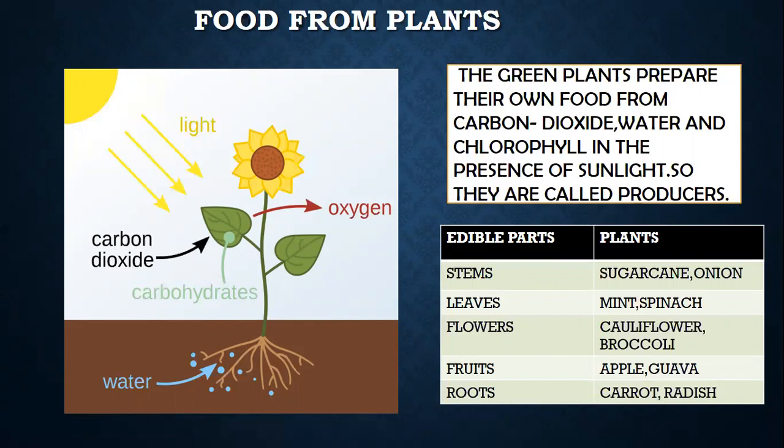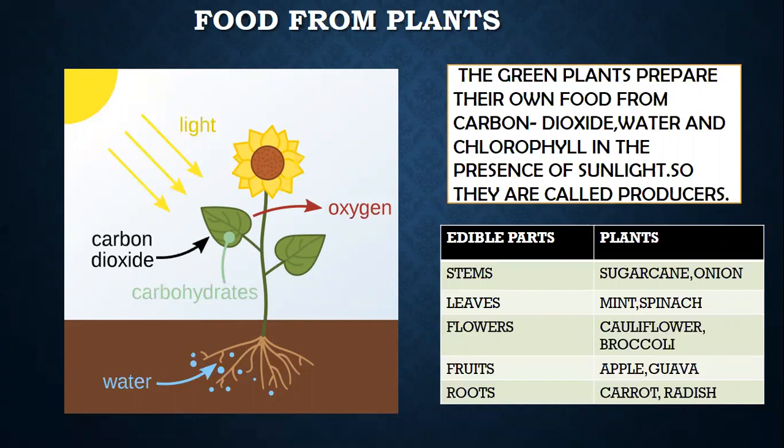Then in the presence of sunlight and chlorophyll, they prepare their food, which is called glucose. Now this process is called photosynthesis. And the ingredients are carbon dioxide, water, chlorophyll, and sunlight.